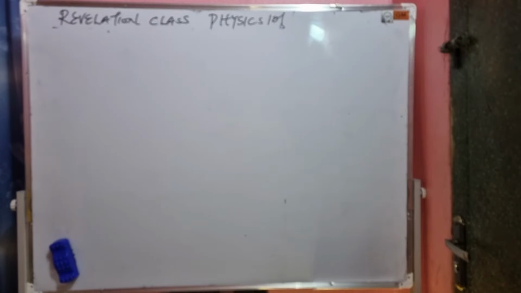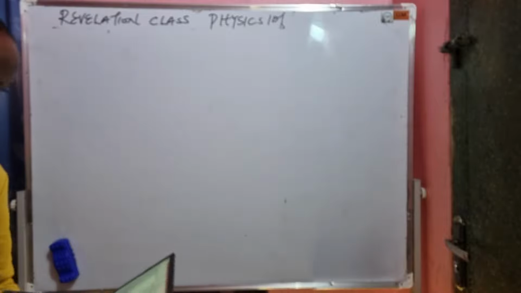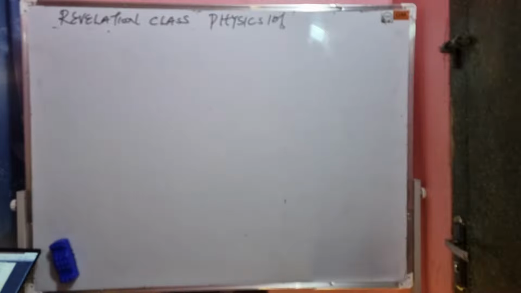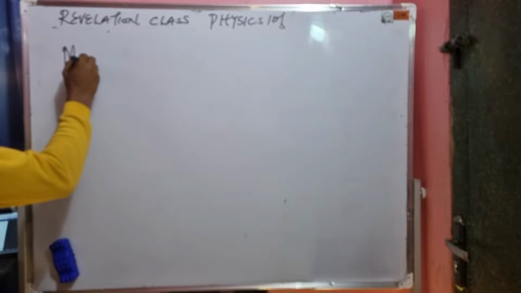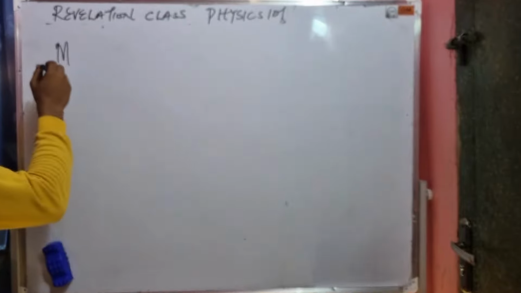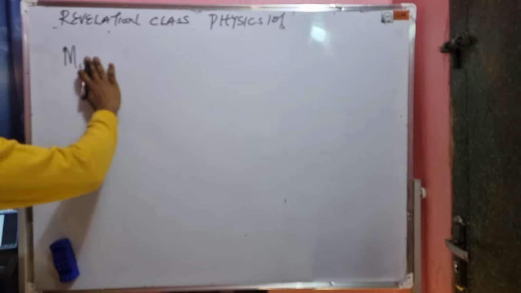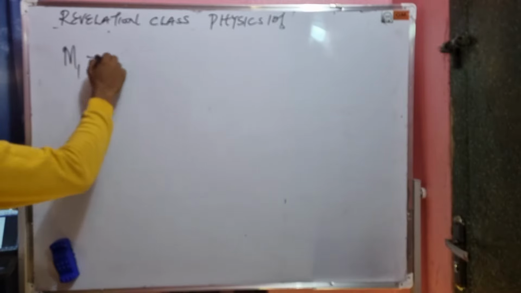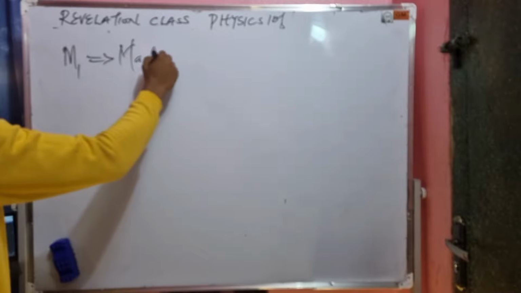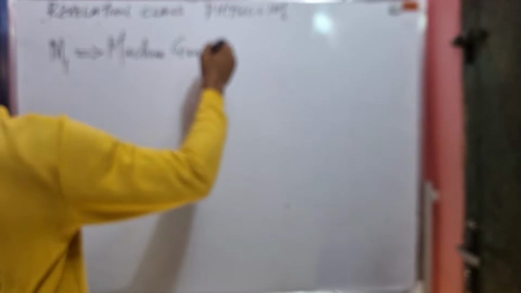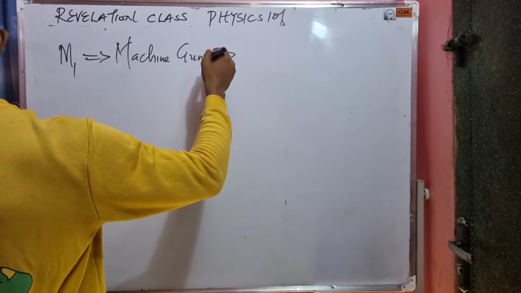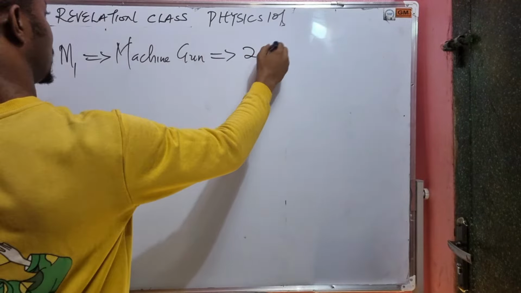We are told that a machine gun fires a bullet. Let's use M1 to represent the machine gun. The mass is given as 20 kilograms.